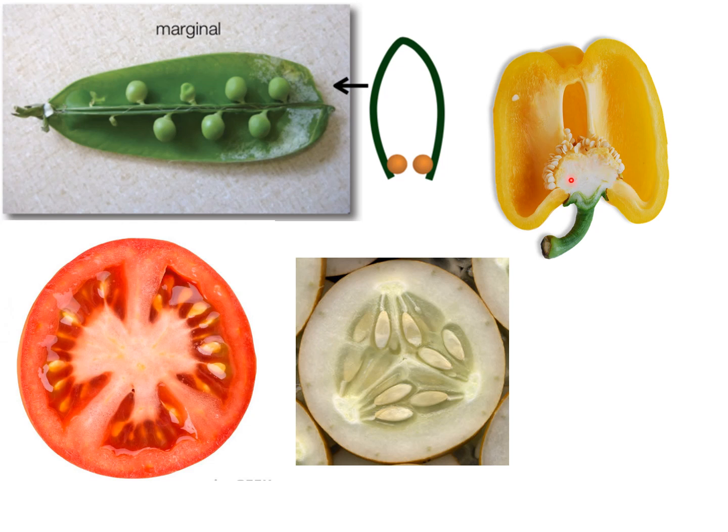This is the central axis, and these are the ovules attached to the central axis, and they have only one carpel or only one locule. Here, this is axile placentation, a cross section of axile placentation. In axile placentation, the ovules are attached to the central axis, and there are many chambers, many locules, many carpels within one ovary.